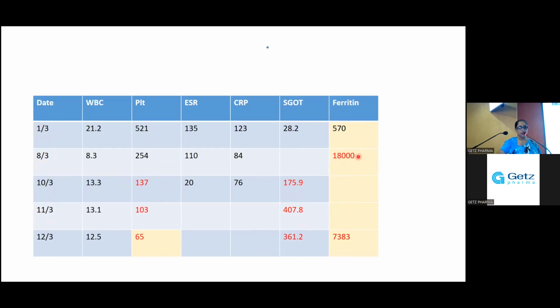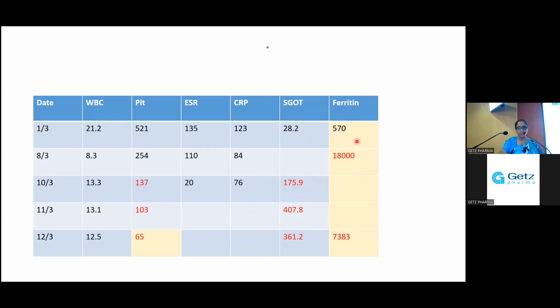His ferritin level, we can't comment on, because there are 7 days in between the first blood that we ordered and the last blood that we saw. This ferritin level is 570. It does not fulfill the MAS criteria of 2016, but we don't know when this ferritin level went up. That's happening there, and the other criteria become positive 3 days later.